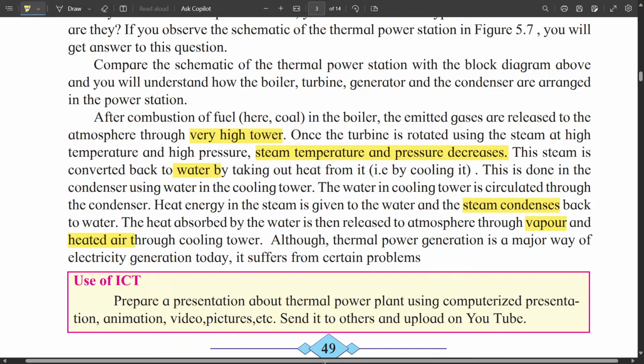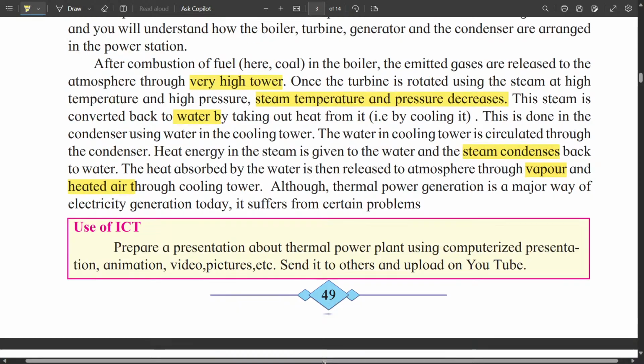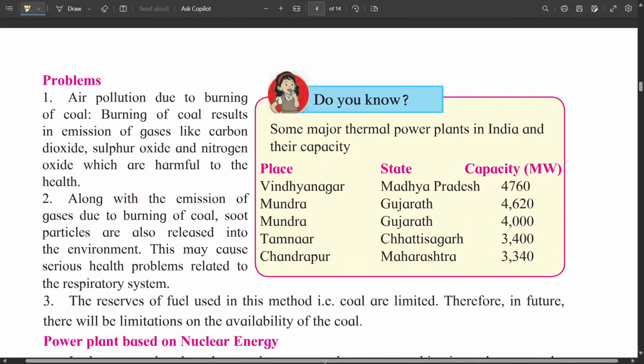Although thermal power generation is a major way of electricity generation today, it suffers from certain problems. Now, what are the problems of the thermal power station? Air pollution due to burning of coal. Coal has traces of nitrogen and sulfur in it. So when coal is burnt, not only carbon dioxide is produced, but along with that oxides of sulfur and nitrogen are also produced, and they are responsible for acid rain.